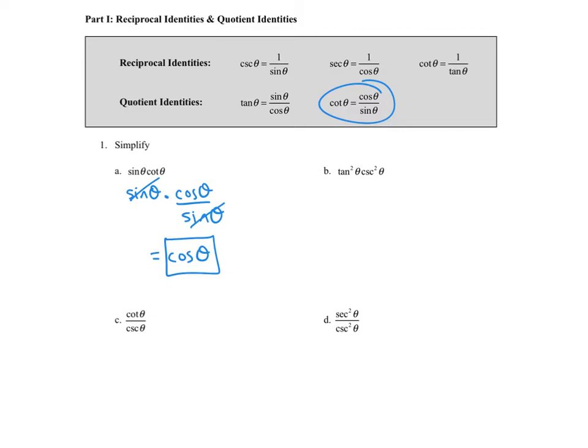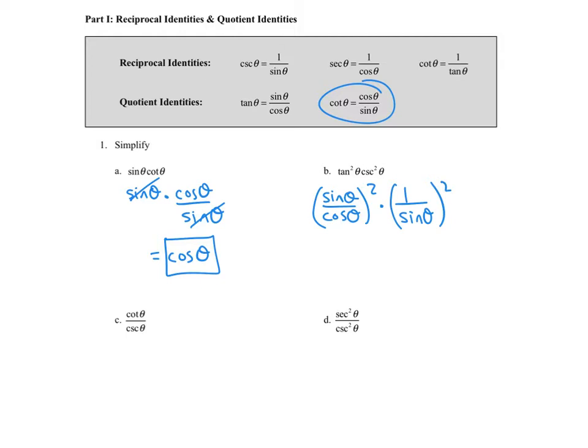In the next one, tangent squared theta. Well, tangent is sine over cosine, so that's sine theta over cosine theta, squared. Both are squared. And cosecant is 1 over sine theta, squared.